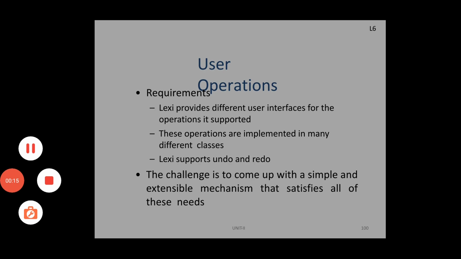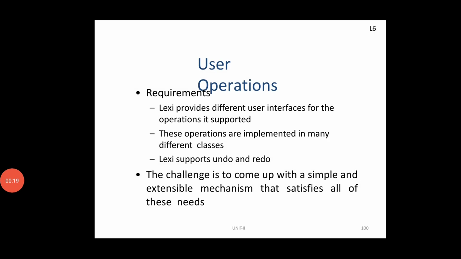In the sense, users need to control Lexi through various user interfaces, including buttons and pull down menus. Behind these interfaces, the functionality is scattered throughout the objects in the particular application.